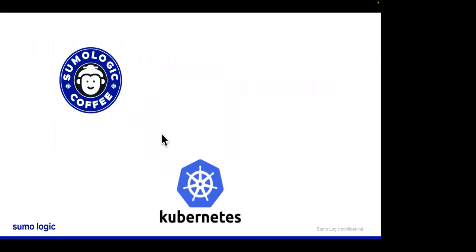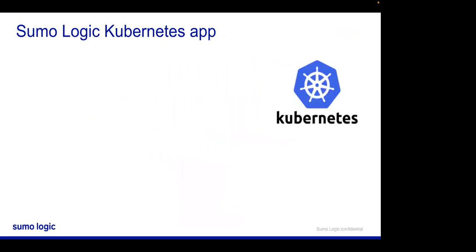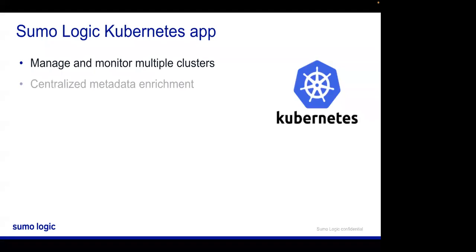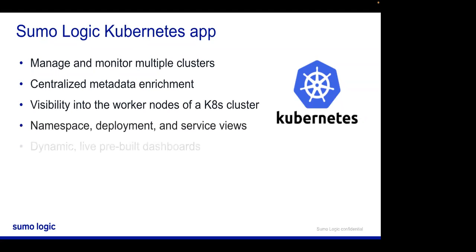So as far as Sumo Logic Coffee and Kubernetes goes, our coffee app runs on a Kubernetes cluster, and we want to be able to see it basically using this Kubernetes application. So the Kubernetes app can manage and monitor multiple clusters. Once it's installed, you don't have to install it again. You can add additional clusters if you want to, but once it's installed, it's installed.